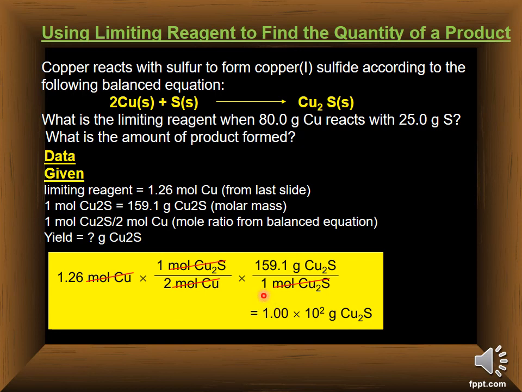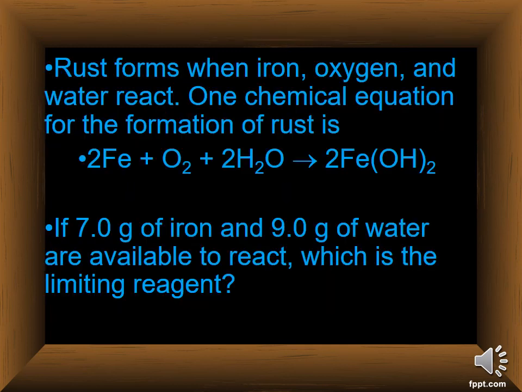If I write 100, it means only 1, but 1.00 means 3 significant figures. 1.26 means 3 significant figures are there. So this is the amount we needed, or what we will get from 1.26 moles of copper.